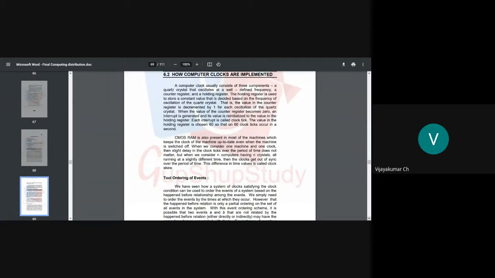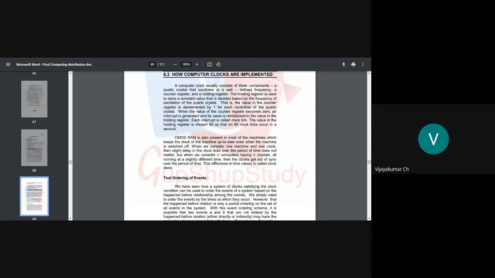There is a CMOS RAM, present in most machines, which keeps the clock of the machine up to date even when the machine is switched off. There is a CMOS battery and a CMOS RAM. So what is the use of CMOS RAM? It updates the time second by second, minute by minute, hour by hour, day by day, month by month, like that.